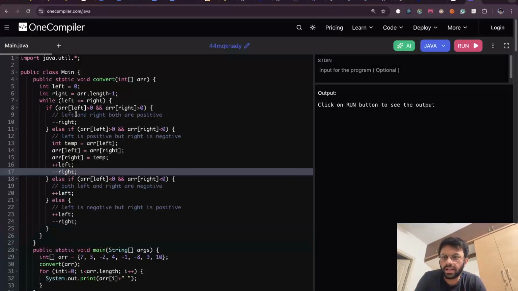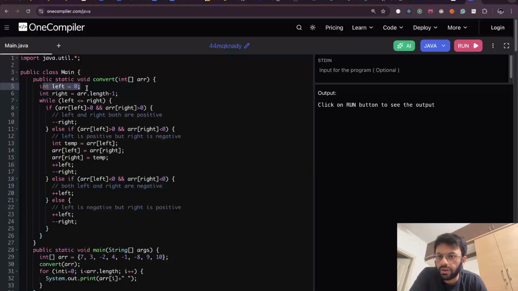What am I doing? I'm just starting the left pointer from the starting index, the right pointer from the last index. Then if left is positive and right is positive, both are positive, that means left is incorrect, right is correct.